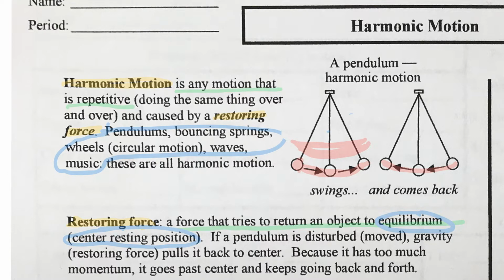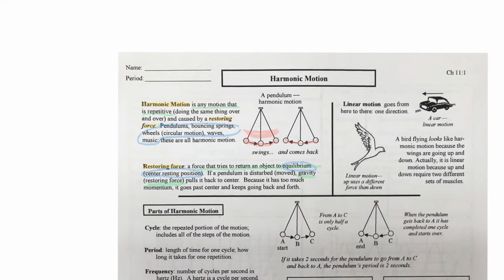If a pendulum is disturbed or moved, gravity, the restoring force, interesting, gravity is the restoring force. The gravity pulls it back to center. Because it has too much momentum, it goes past the center and keeps going back and forth. What I've done now is actually read one section of this for understanding before I go to the back page.